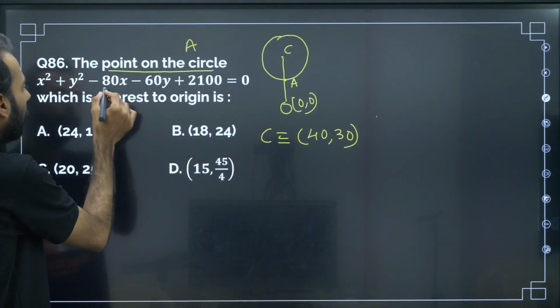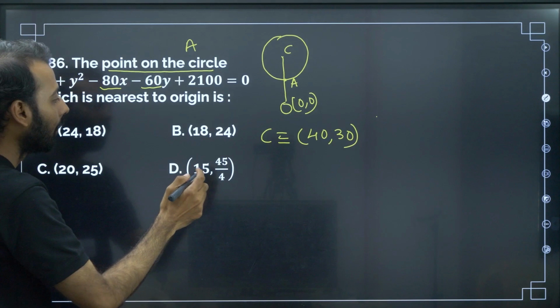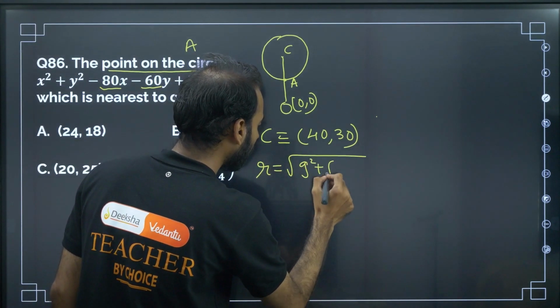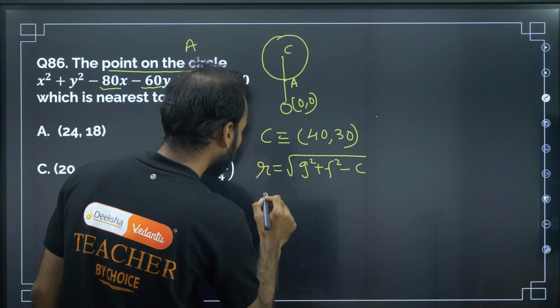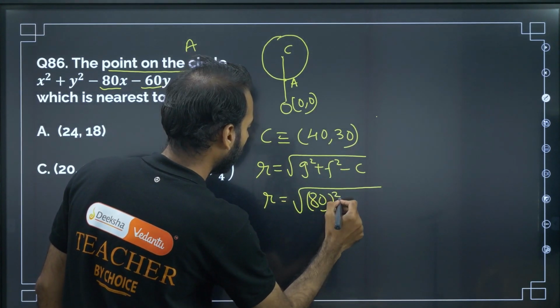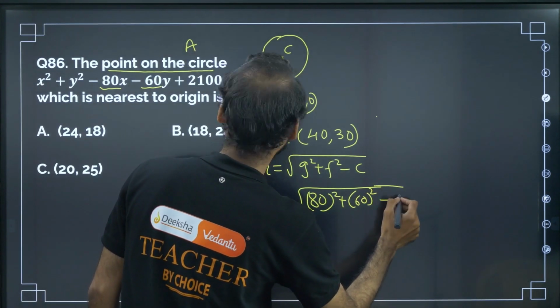See here, from here you can make out half of this, and you have to add negative also. Center is this. Radius is equal to root of g square plus f square minus c. So radius is equal to root of 80 square plus 60 square minus c.